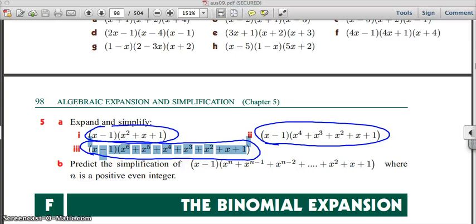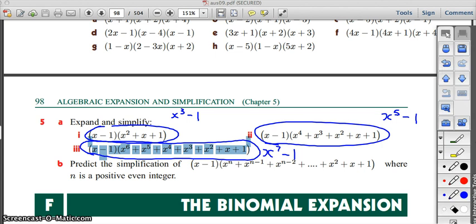Okay, so what's the solution to this one? X cubed take 1. Just like that. Yep. And what's the solution to this one? X to the power of 5 take 1. And this one? X to the power of 7 take 1.